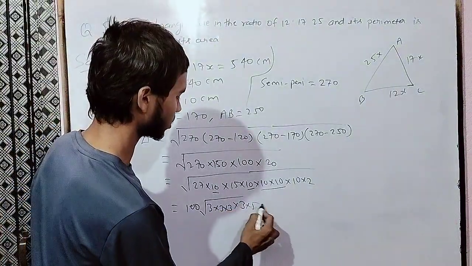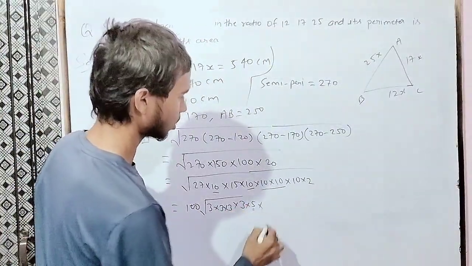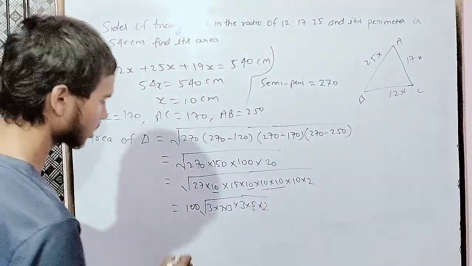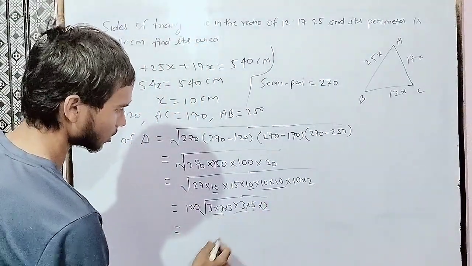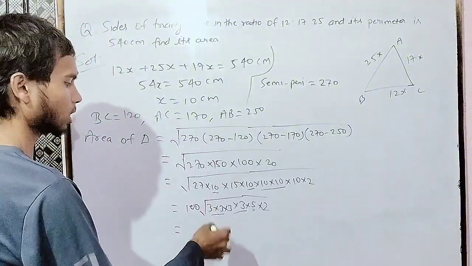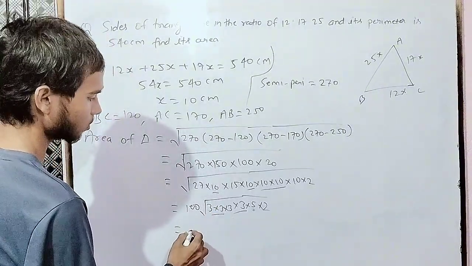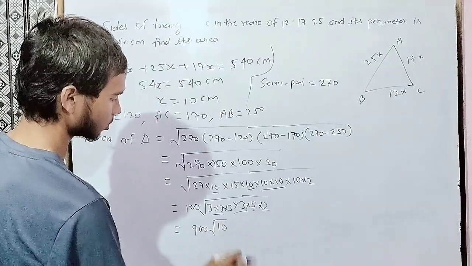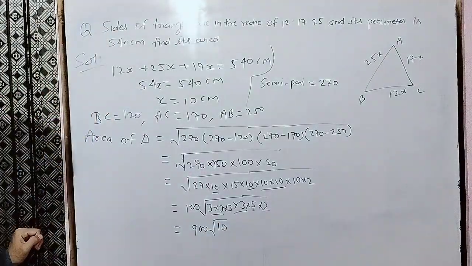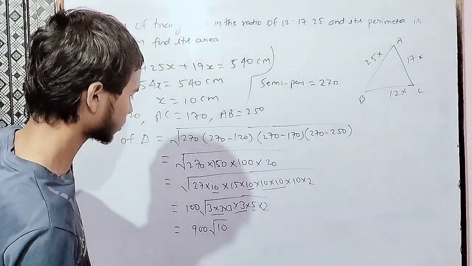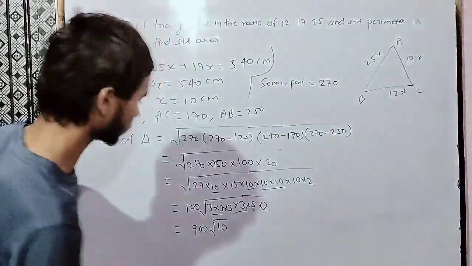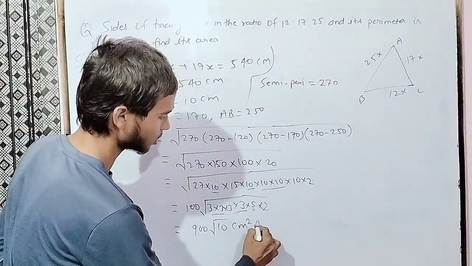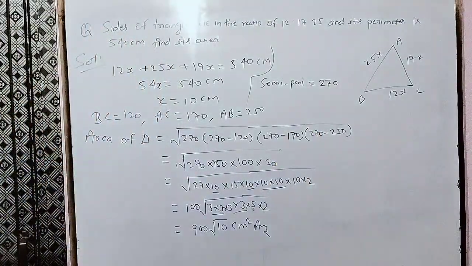Now three 5s are 15, and 2 is left. Till here this is correct. Now three 3s are 9. It will become 900. What else? Nothing else. This is the area of this triangle.